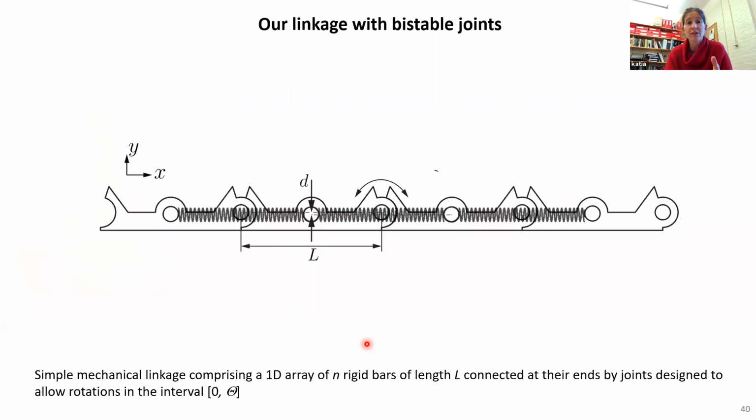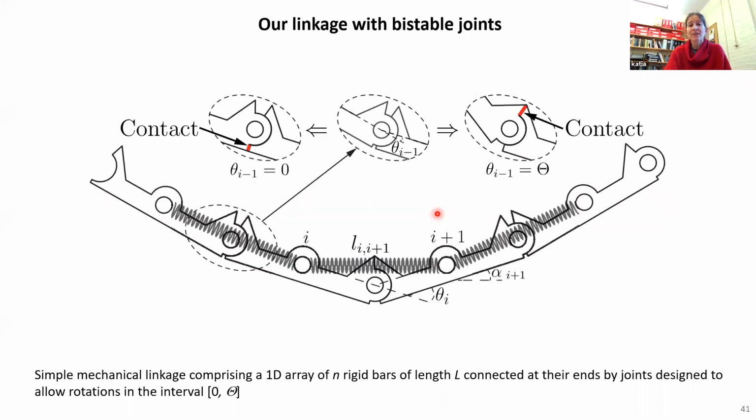Let's try to learn more about the structure. The movie I showed you before is a very simple linkage structure, with n rigid bars connected at the joints at their ends. We designed the ends of the bars to allow rotation in the interval 0 to theta, because contact prevents rotation outside this interval.